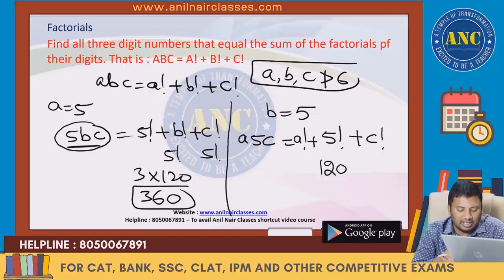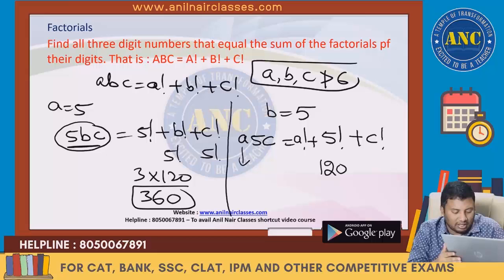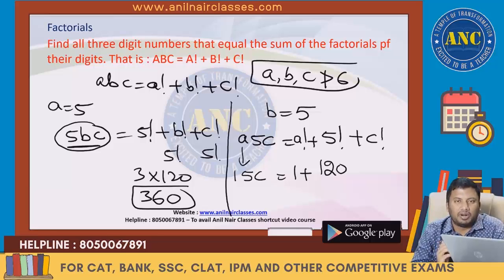So let us see what values will satisfy this equation. Tell me which value will satisfy this equation. If it is 120, if A is 1, this will become 15C. This is 1 plus 120, 121.